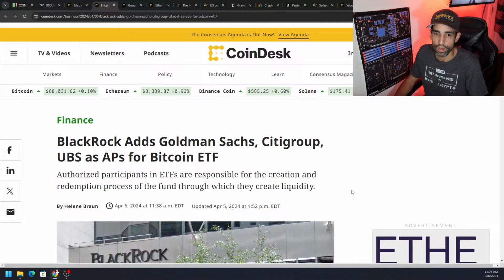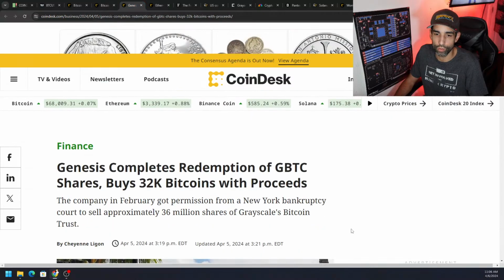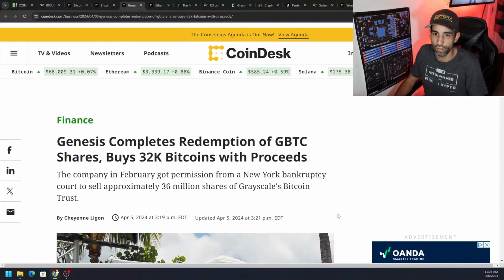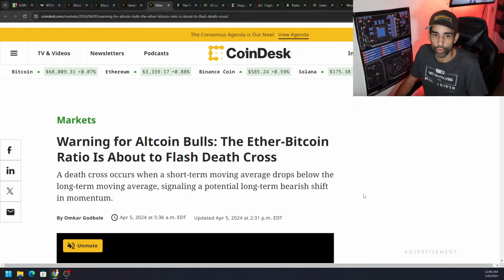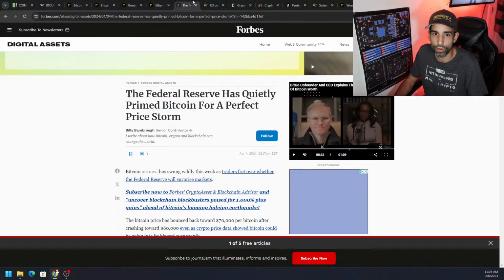BlackRock adds Goldman Sachs, Citigroup, UBS as APs for the Bitcoin ETF. More institutional demand and more institutions getting in. Genesis completes redemption of GBTC shares, buys 32K Bitcoin, so another 32K of Bitcoin off the market. Warning for altcoin bulls: the Ether Bitcoin ratio is about to flash the death cross.